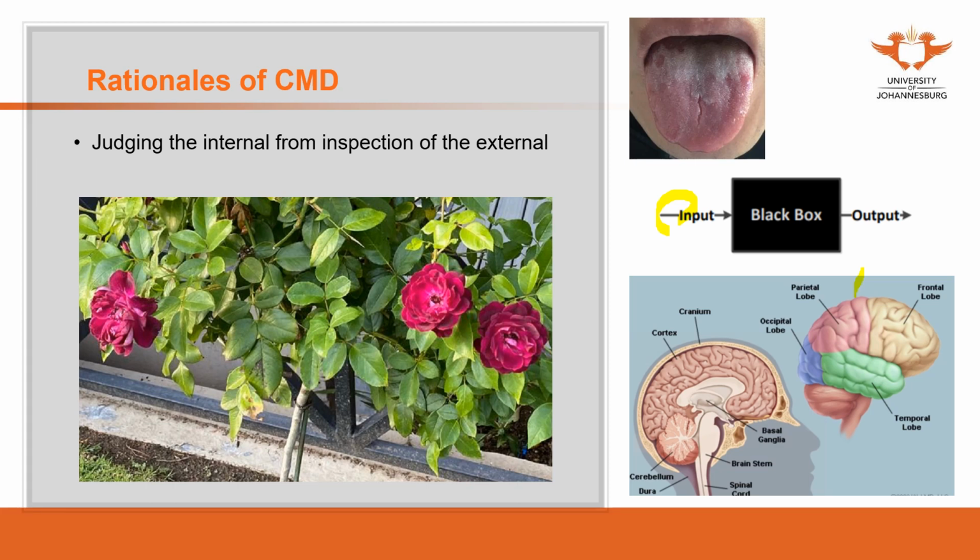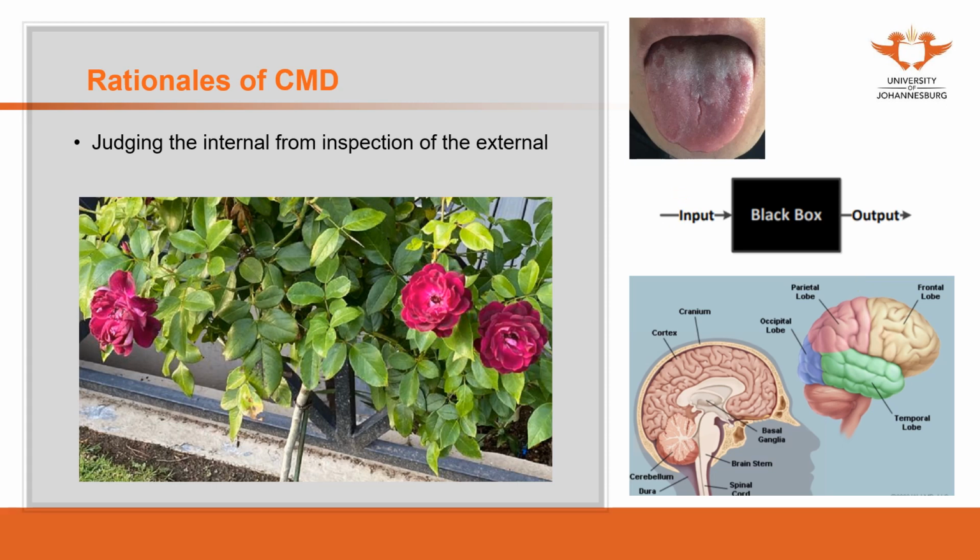Also, for stroke patients, they have injuries on certain parts of the brain, and then the patient loses certain functions. So from the symptoms and the damage to the brain, we can conclude the relationship between the brain and the movements.